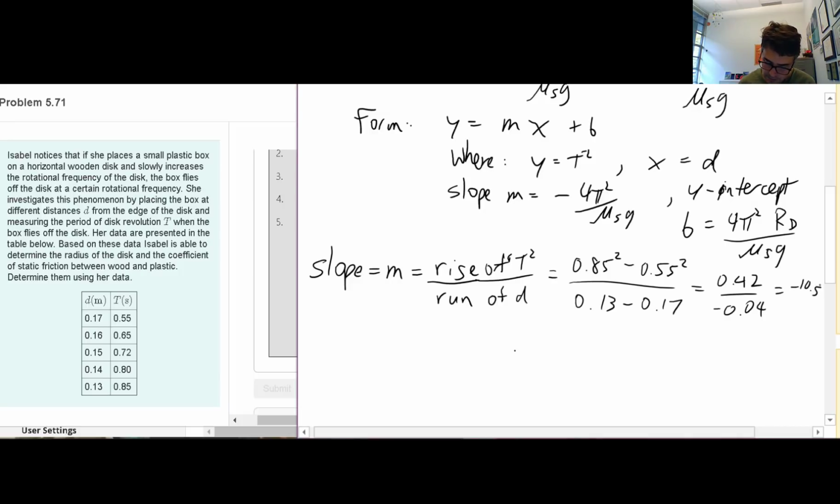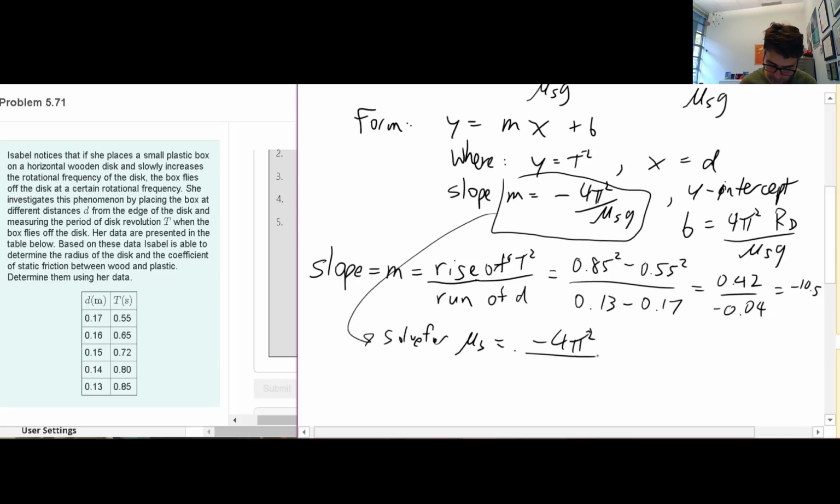That's the slope of this curve, and from this equation right here we can solve for mu sub s, which is equal to negative 4 pi squared divided by that slope times g. So it's going to be negative 4 times pi, 3.14159 squared, divided by negative 10.5 times 9.8.